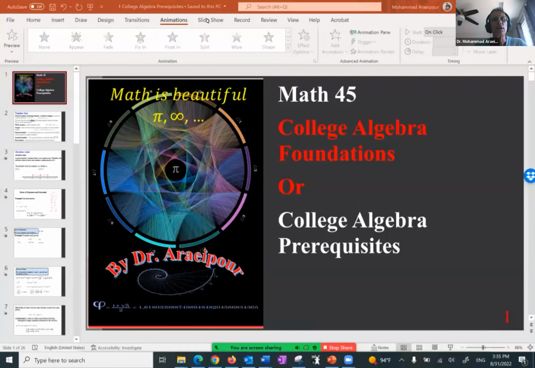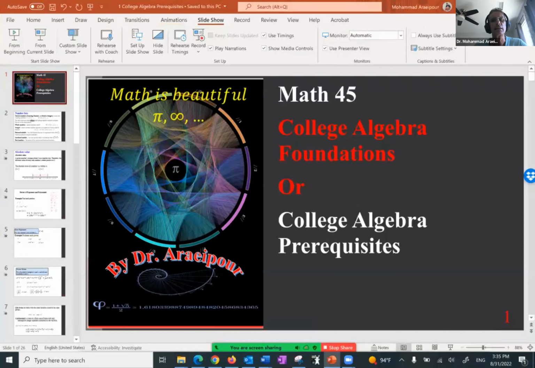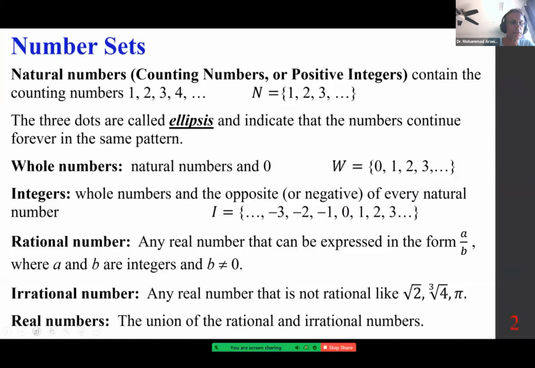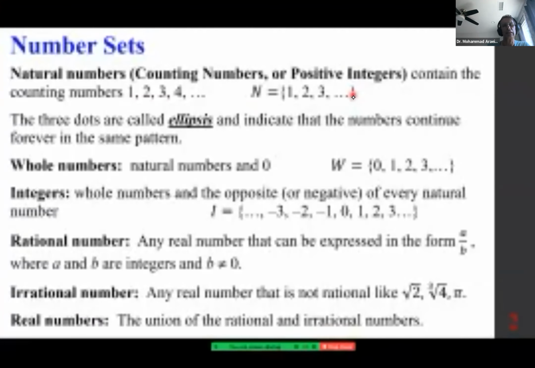Good afternoon, class. This is the foundation for college algebra, or the prerequisite. So let's refresh everybody's memory about what we are supposed to know. Natural numbers, or counting numbers, or positive integers: 1, 2, 3, 4 to infinity.